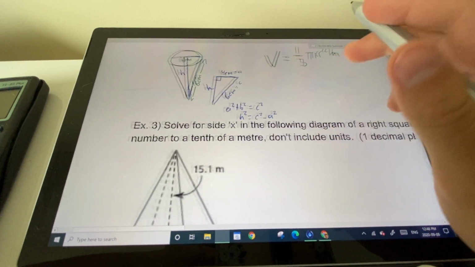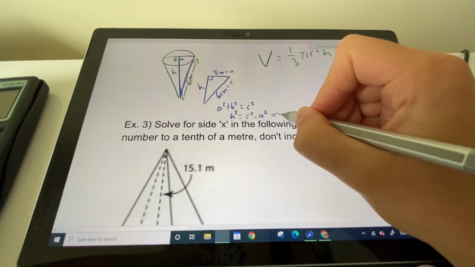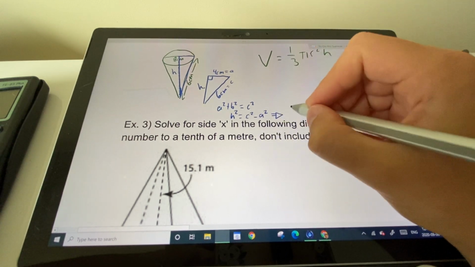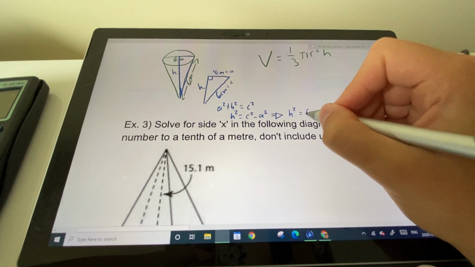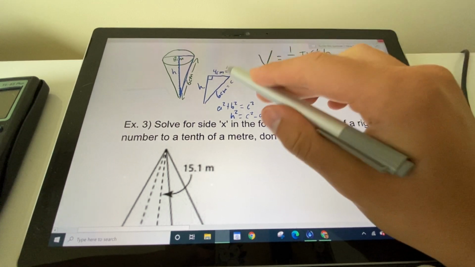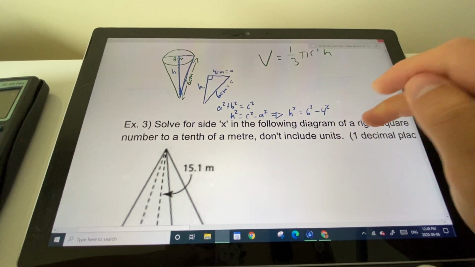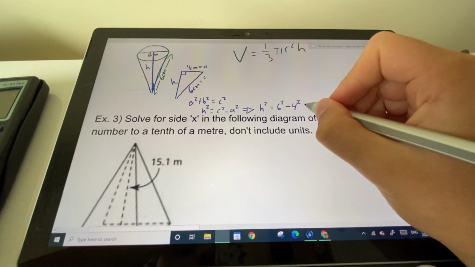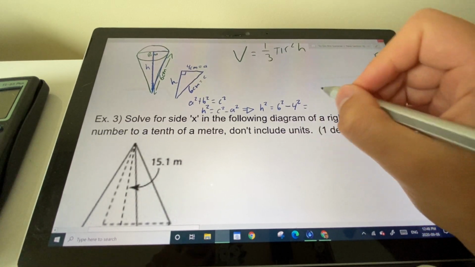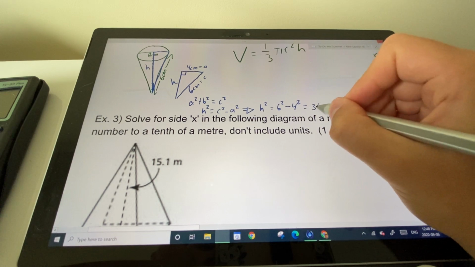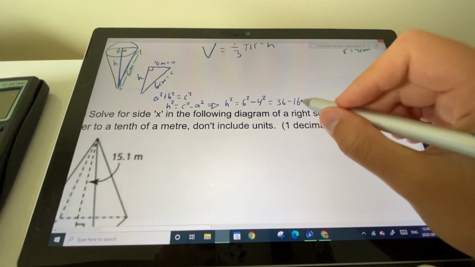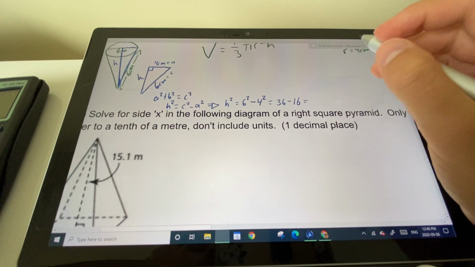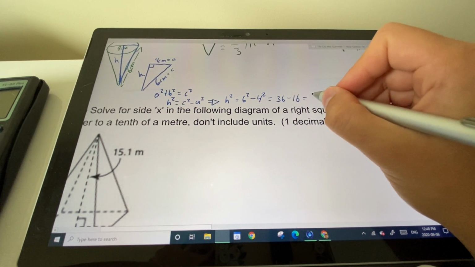Now we can solve for h pretty easily. h squared equals c squared, which is 6 squared, minus a squared, which is 4 squared. That equals 36 minus 16, which gives us 20.